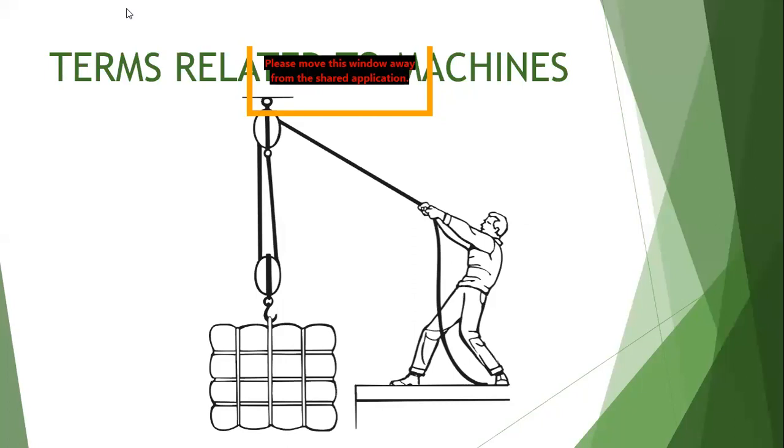So here, this is the box which has to be lifted up. He is using a machine. Which machine is he using? He is using pulleys as a machine.